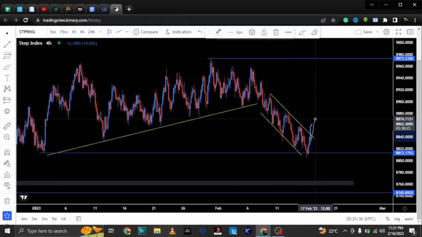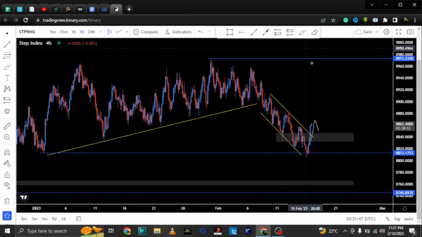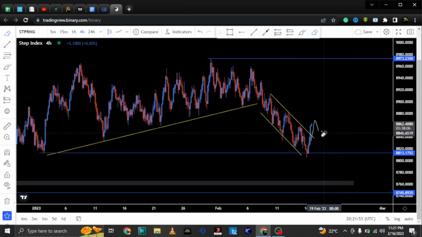The market has broken out, we are waiting for a retest, to see if the market could come and retest this level over here, and then we'd be interested in buys to the upside.